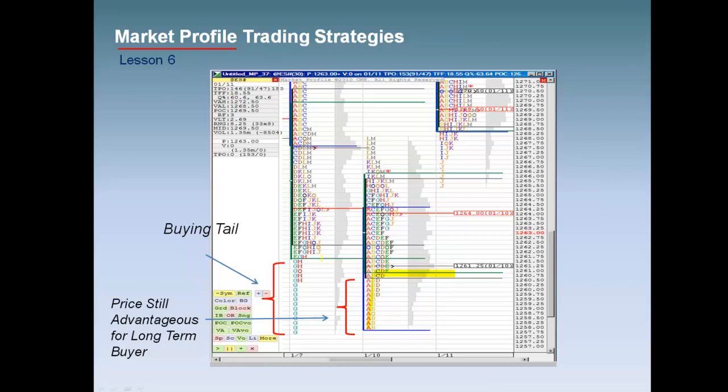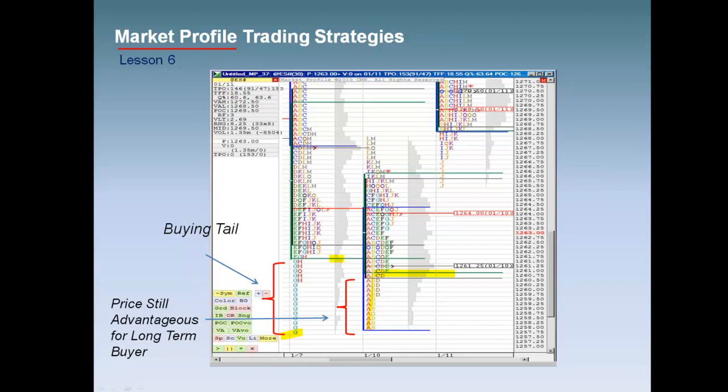And certainly here they dropped below the value of the prior day in period A. So when prices dropped, this obviously long-term buyer came back in on the following day, stepped in and bought and brought them back into the value area.